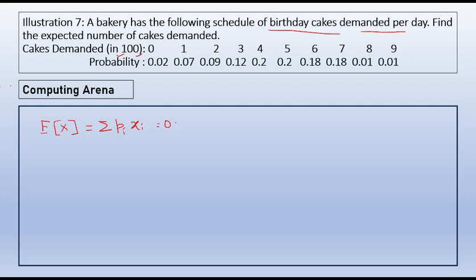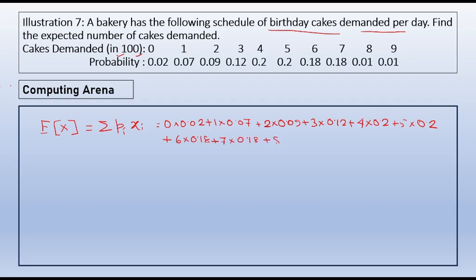So you have 0 into 0.02, plus 1 into 0.07, plus 2 into 0.09, plus 3 into 0.12, plus 4 into 0.2, plus 5 into 0.2, plus 6 into 0.18, plus 7 into 0.18, plus 8 into 0.01, plus 9 into 0.01.